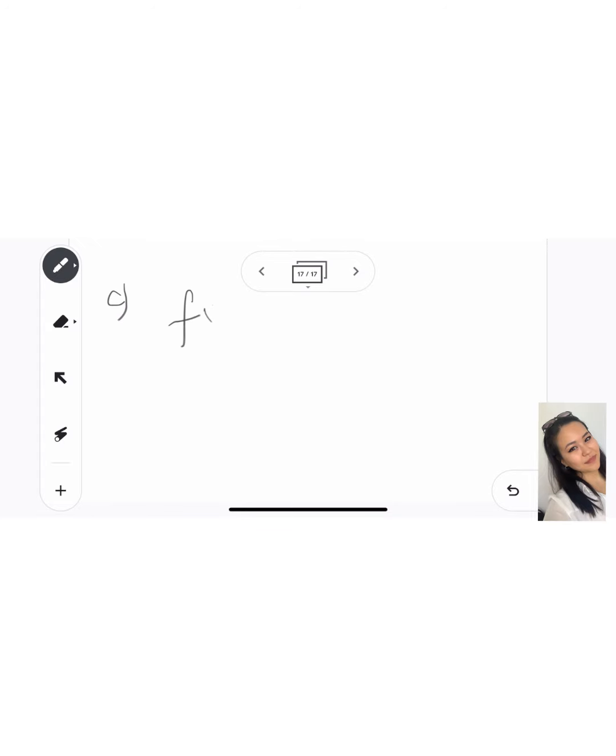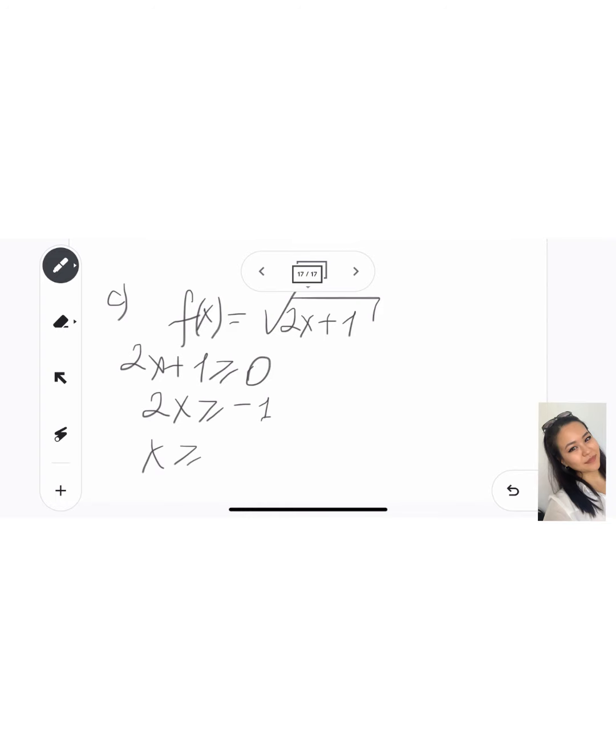C, we're given a function f of x equals the square root of 2x plus 1, and an expression under the root can't be negative. So 2x plus 1 has to be greater than or equal to 0. 2x is greater than or equal to negative 1.